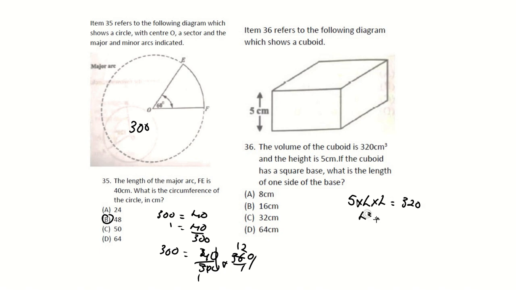So length squared is equal to 320 divided by 5, which is 64. So your length would be the square root of 64, which is 8, so A is your answer.